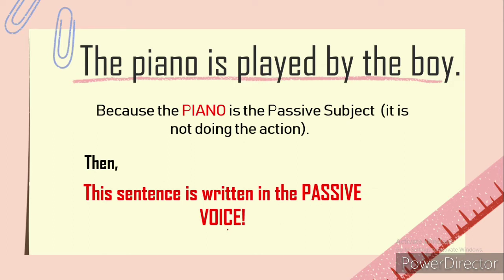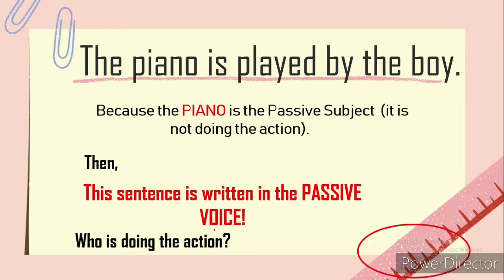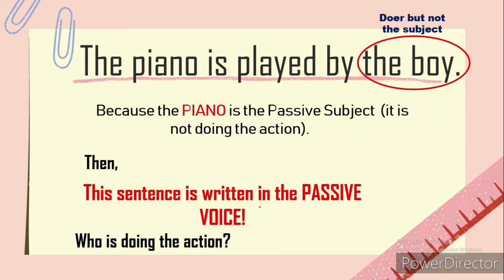But who is doing the action? Very good. The boy. So it is the doer but not the subject. That's why the sentence "the piano is played by the boy" is written in the passive voice because the subject is the receiver and not the doer.